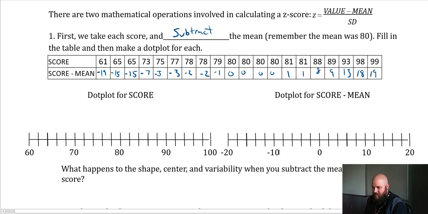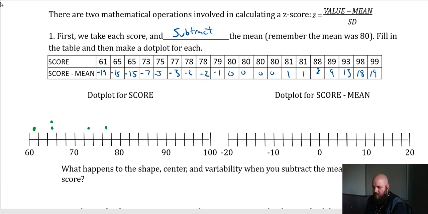So on the dot plot, just dealing with the scores, we got 61. And we got two at 65. And we got 73, and we got 75. Got a 77.